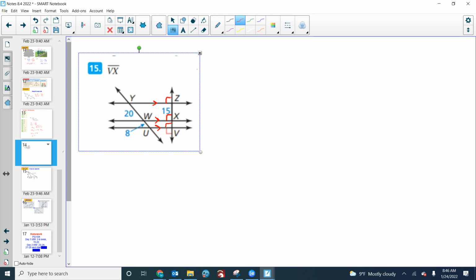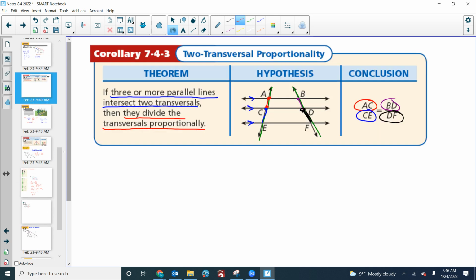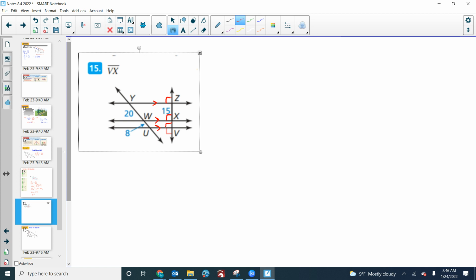Then how do we use the theorem? Well, AC over CE equals BD over DF. By the way, if I were to get stuck on homework, this is exactly what I would do. I'll go back to the guided notes of that theorem and see how we set that problem up. Now, it's kind of upside down, doesn't really matter. We're asked to find VX.